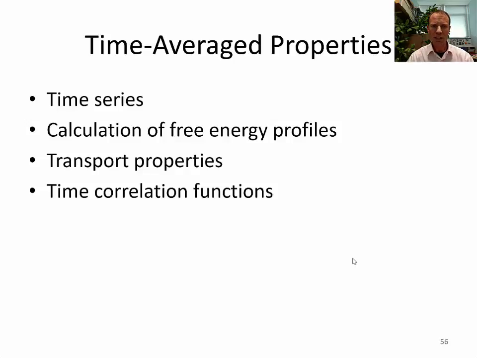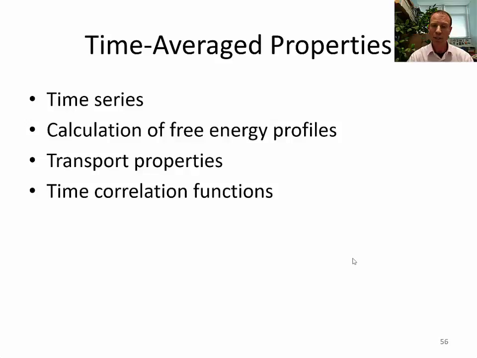We can also measure things called time correlation functions, and these are to do with whether a property of the system at a certain time is correlated to the property at an earlier time.